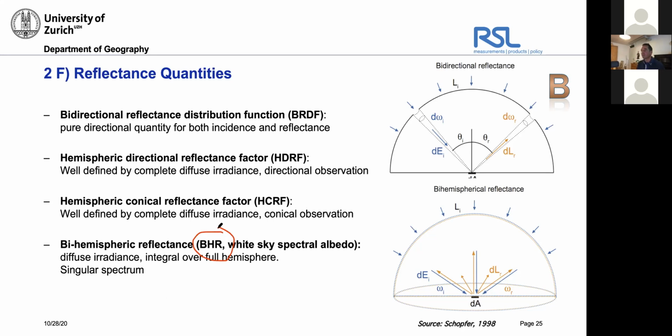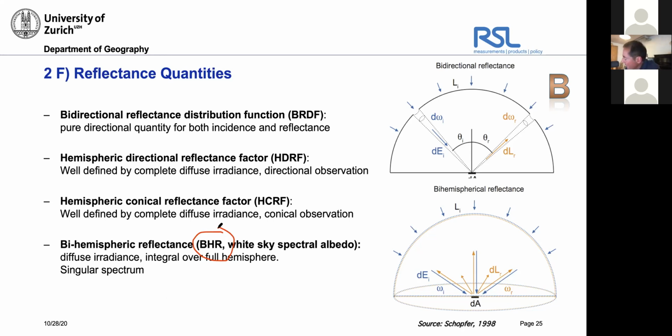That's the one which is of high relevance, because this is the only quantity which is not variable within an object. So it's bihemispherical reflectance. So we also call it the spectral albedo. So if you have this, it means you integrate in both directions, and you get one spectrum from one object.